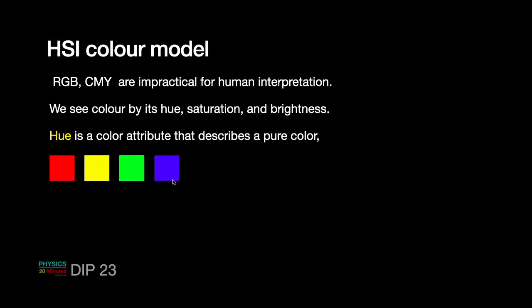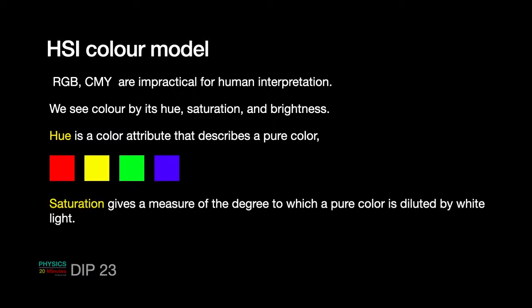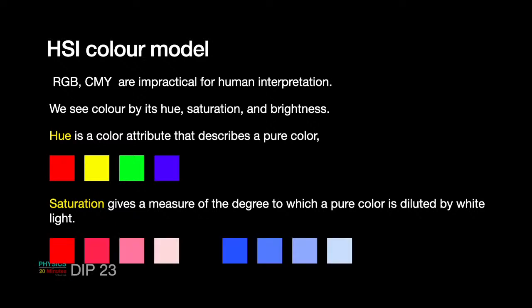Now, we can also talk about whether the color is saturated or not. Saturation tells you how much pure color there is and how much light there is. For example, I have two examples here. This is a pure red, almost a very strong red.